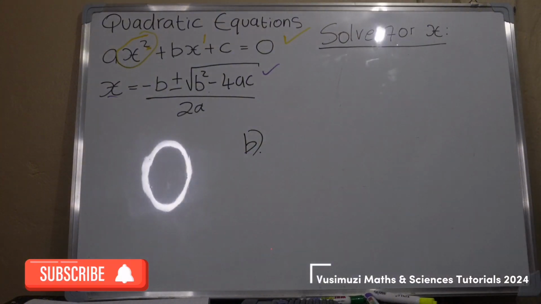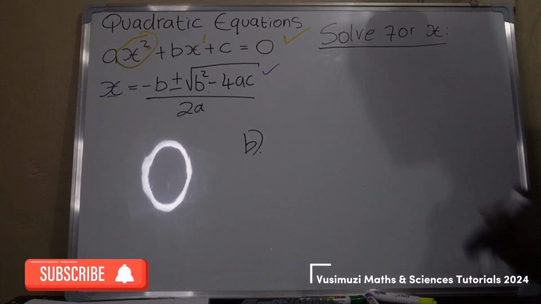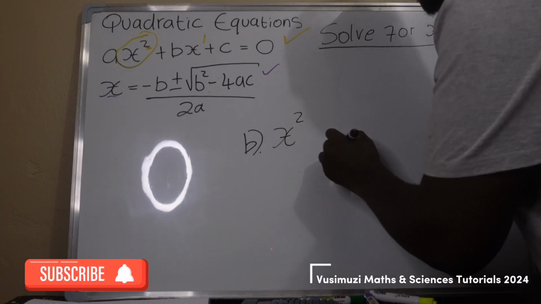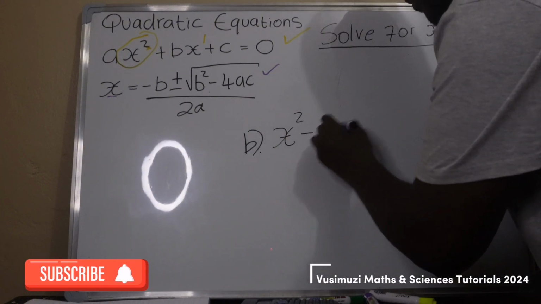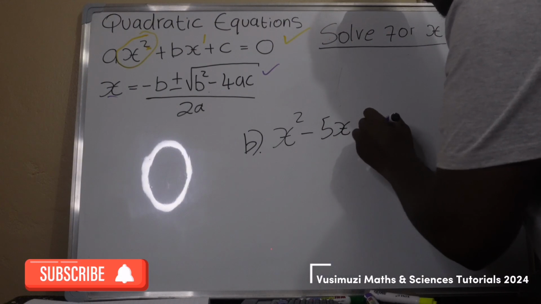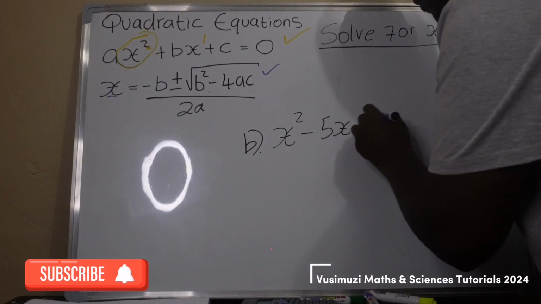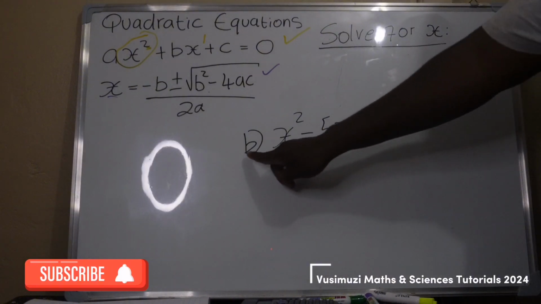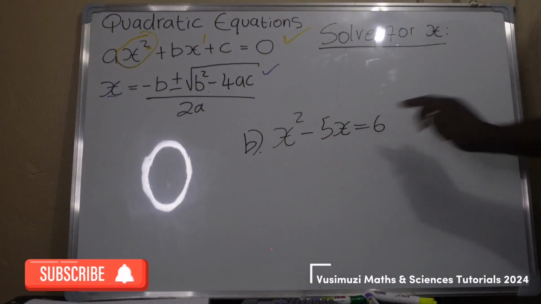Number b, the second example, says x squared minus 5x equal to 6. How to solve for x? Number b, x squared minus 5x equal to 6.